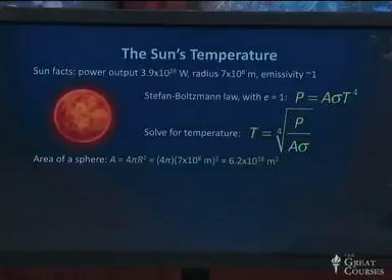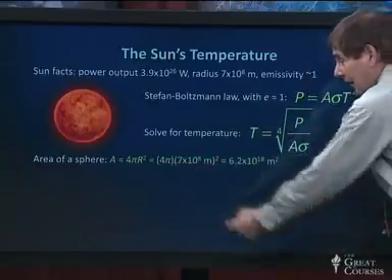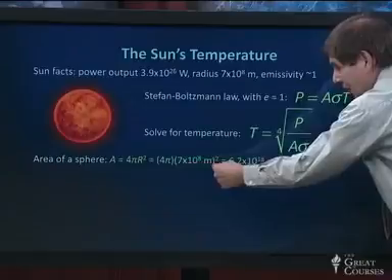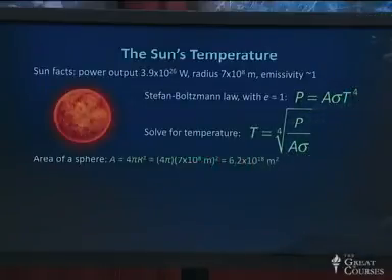There we are. The area of a sphere is 4 pi r squared, where r is the radius, so I've got 4 pi times 7 times 10 to the 8 meters, all squared. That comes out 6.2 times 10 to the 18 square meters. Big number, big area, big star. Well, it's actually a relatively small star, but it's a big thing in our solar system.